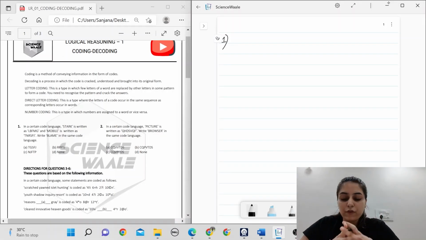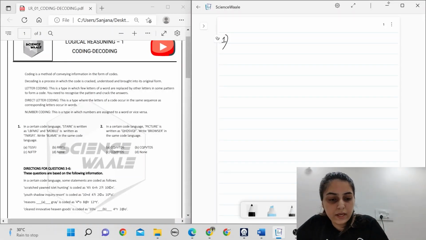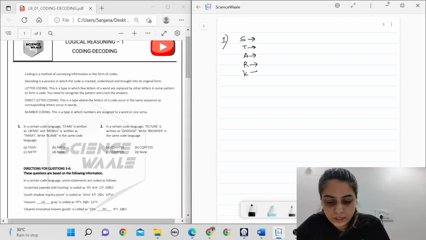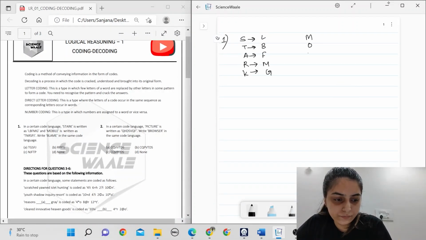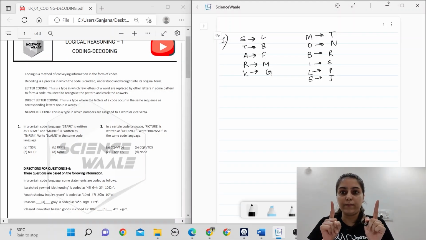Now if we observe what they have given us, the word Stark is coded as LBFMG, and the word mobile is coded as TNRSPJ. Now this is known as letter coding.